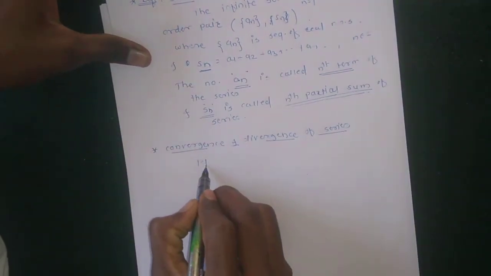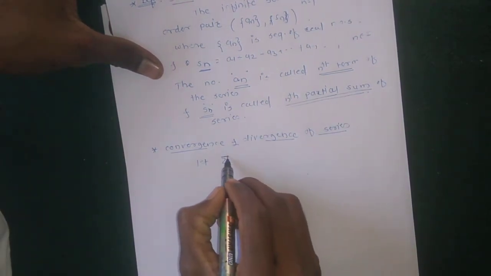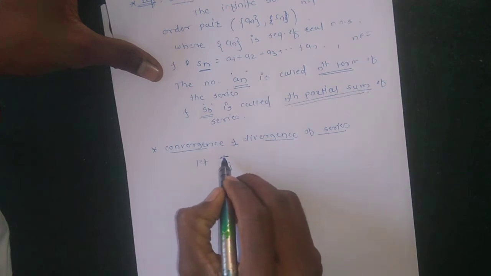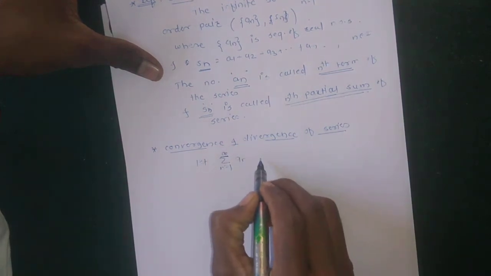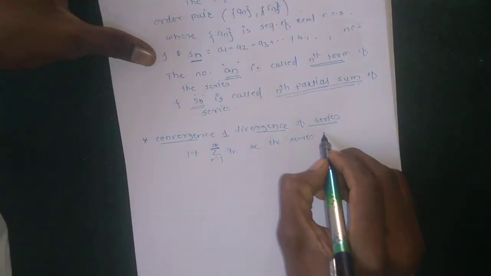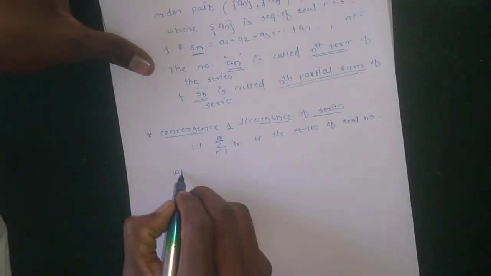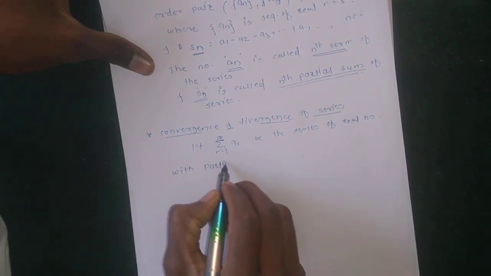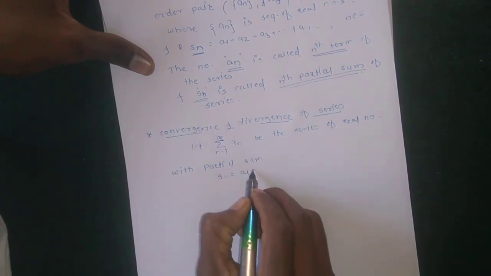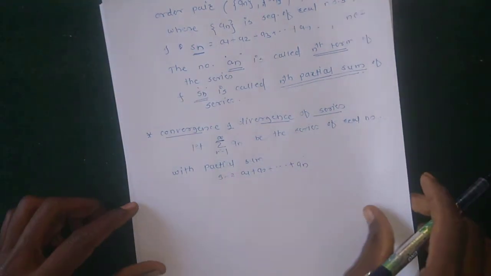Let the summation of An, where n runs from 1 to infinity, be a series of real numbers with partial sum Sn equal to a1 plus a2 plus up to so on an.